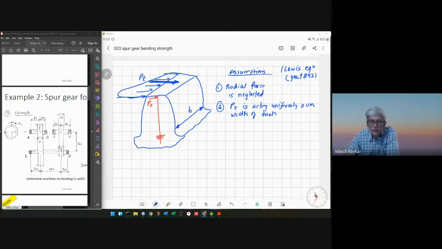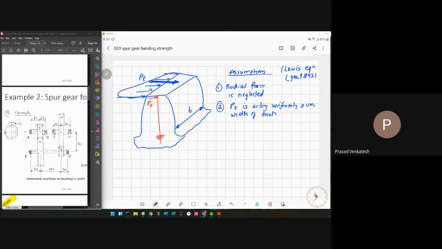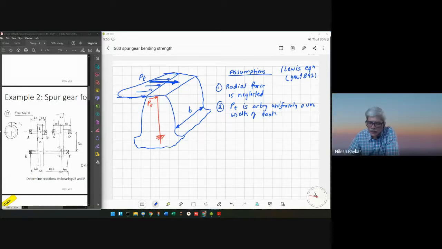It won't bend uniformly. At the higher pressure it would bend more, at the lower pressure it would bend less. Yes, that's right. So in effect, if you consider this tooth as a cantilever, with this being the fixed end, and the force uniformly distributed, then this force acts exactly at the center.